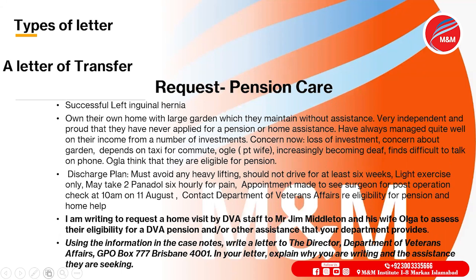In this case, when we are referring, we have to see that the patient is financially broken, and for that reason we are writing to the pension care to release the pension, right?